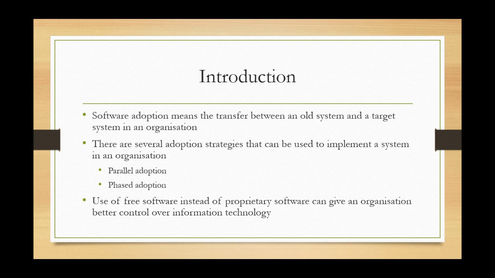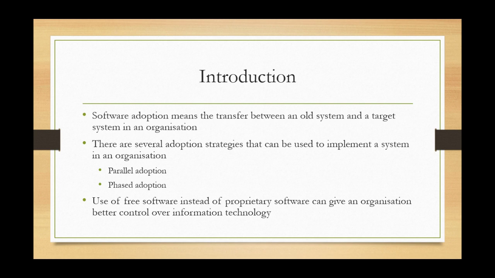The use of free software instead of proprietary software can give healthcare organizations or any other organizations better control over information technology. Therefore, a growing number of public institutions such as healthcare organizations have started a transition to free software solutions.